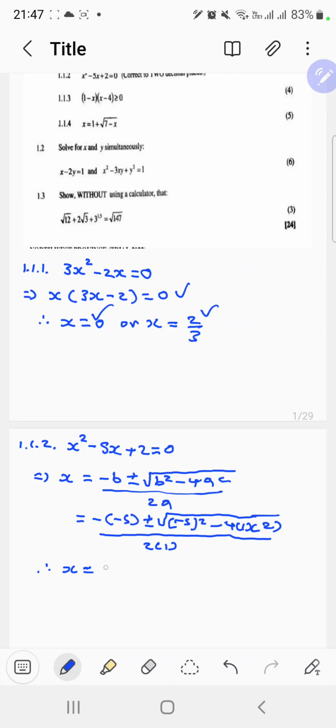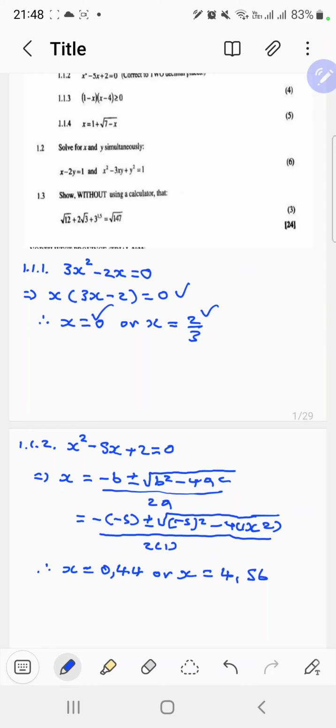So what I'm getting here is x equals 0,44 or x is equal to 4,56.